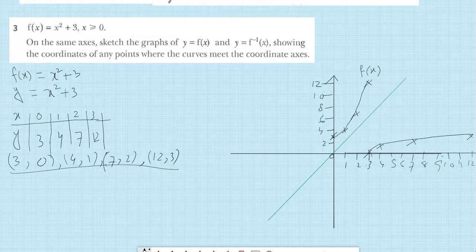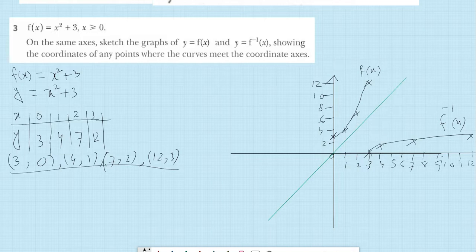This time a better curve has been drawn. So first is the graph of f(x) and the second is the graph of its inverse. Again I will tell you all the steps. First take any 4 points, like I take (0, 3), then (1, 4), then (2, 7), then (3, 12).